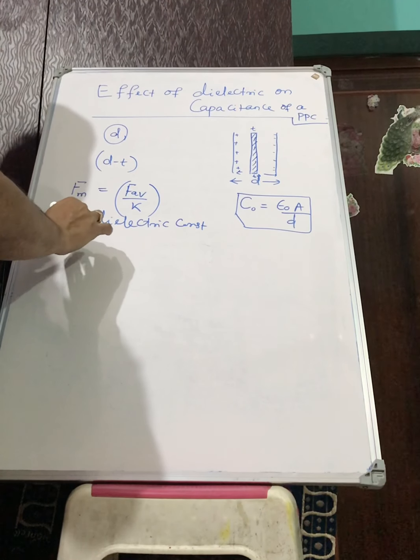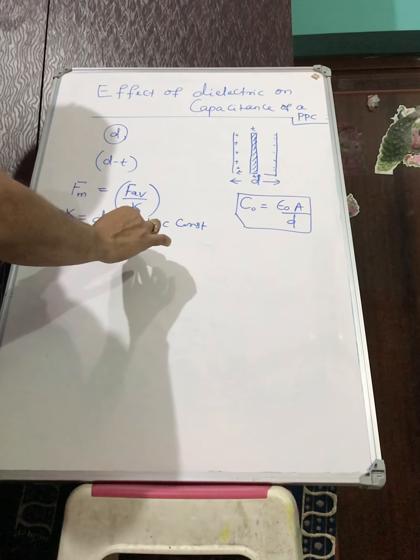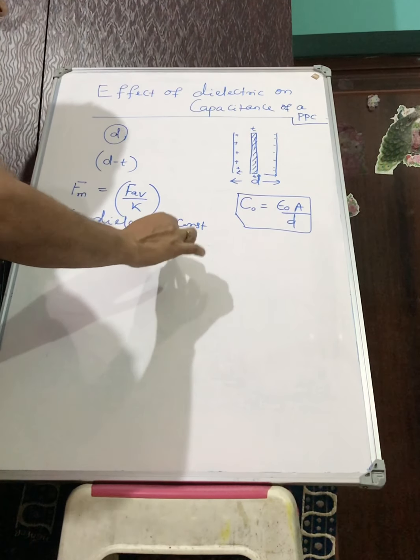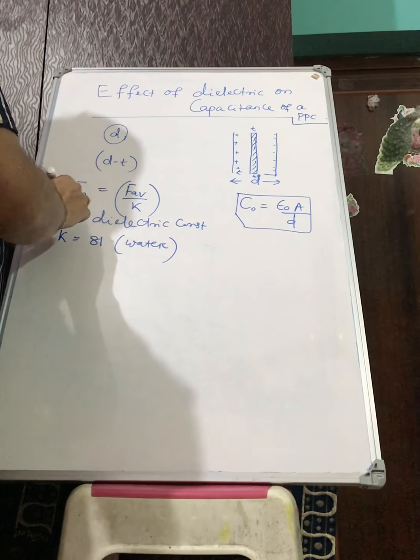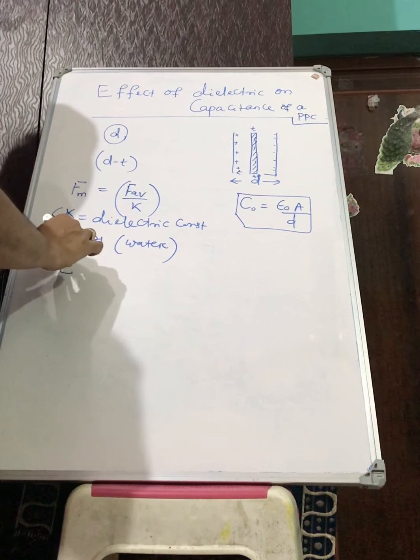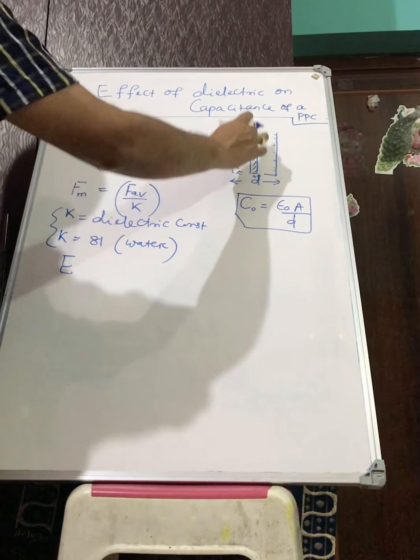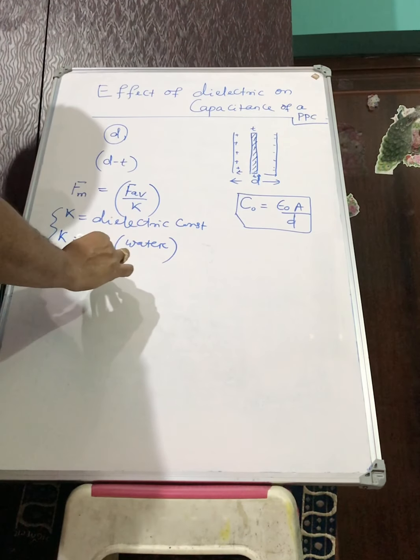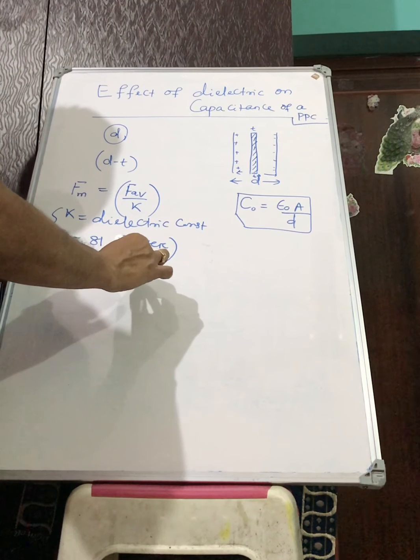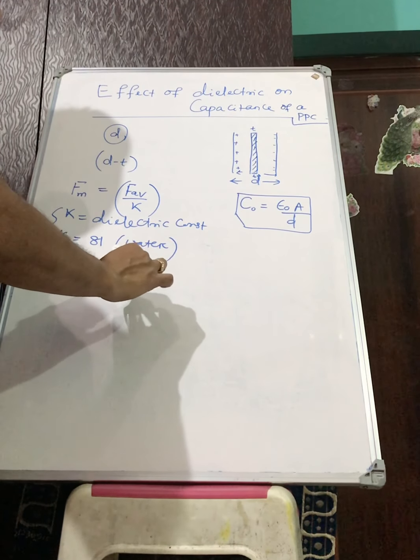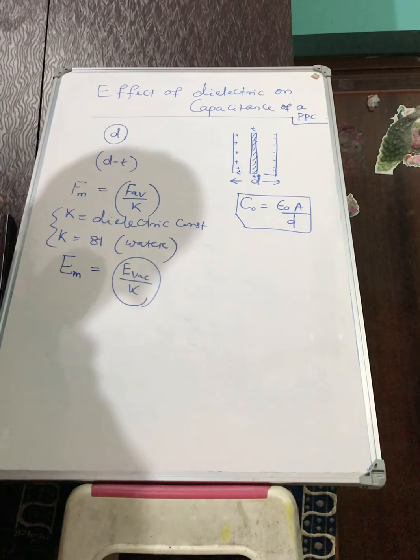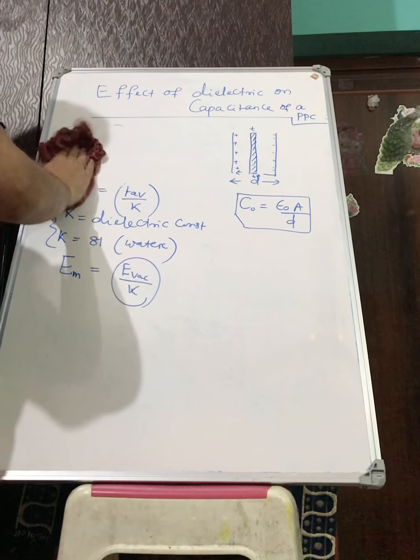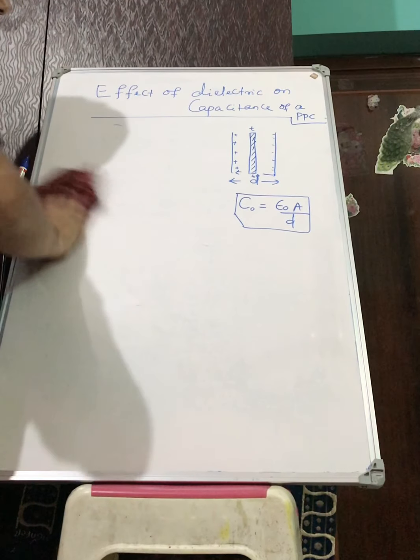For example, for water K equals 81. Similarly, other insulators used as dielectrics have their K values. Similarly, the electric field inside that dielectric material will be given by the electric field in vacuum divided by K. So now, once we place a dielectric, you see what is happening.